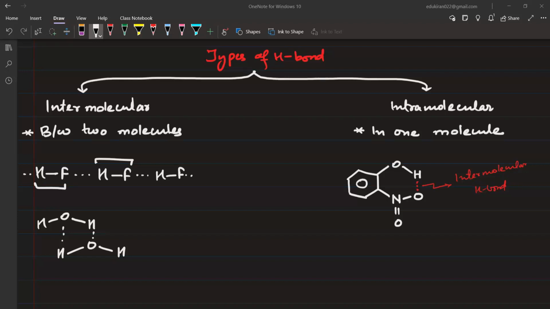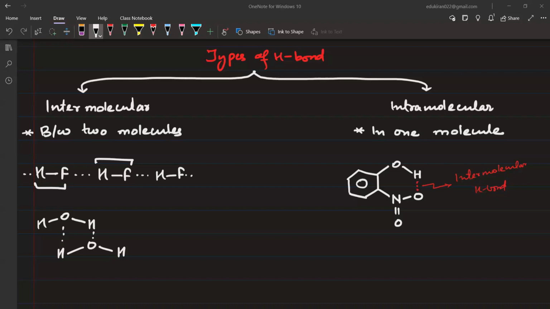Because solid, liquid, and gases are defined only on the basis of what? When the atoms are closer together, they are solid. When they are a bit far apart, liquid. When they are too far apart, gases. So obviously you need to have atoms. And when there is attraction between atoms, then boiling them or melting them will be difficult.